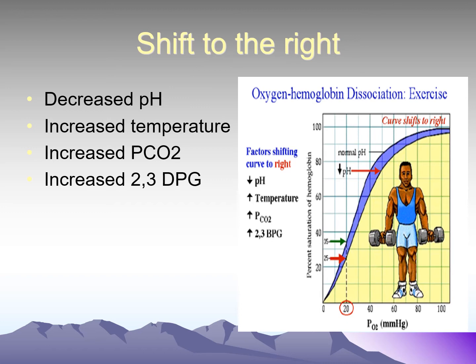And the increased 2,3-DPG is the metabolic component that is formed during anaerobic glycolysis. Because the body is working at an anaerobic level, for example sprinting, more oxygen needs to be unloaded at the tissue, which means less will be held in the hemoglobin. So you need more pressure to get more oxygen to bind.